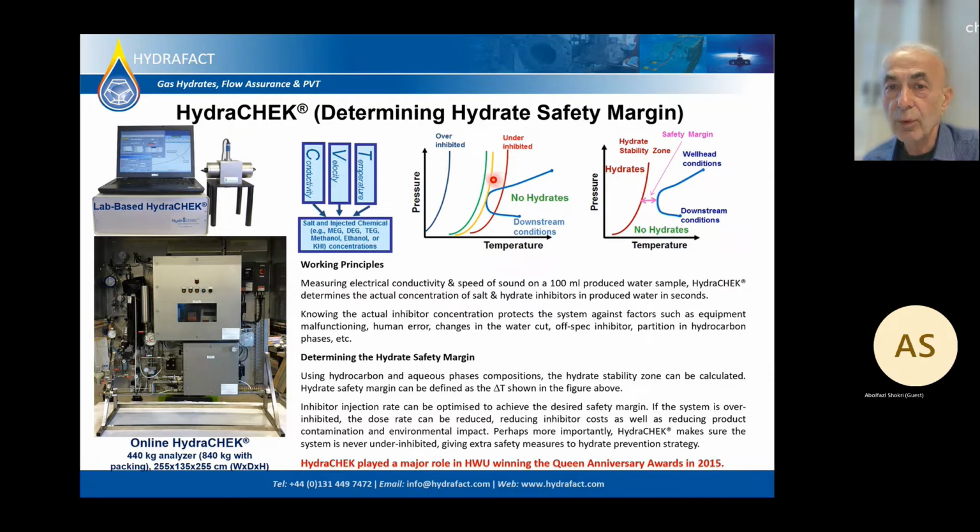For example, we can inject inhibitor and shift the hydrate phase boundary to this yellow line. Now we are outside the hydrate stability zone, but very close. So you might decide to have a safety margin. This is what industry uses, at least in the design stage.